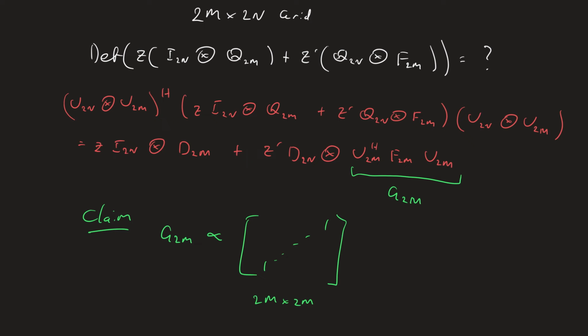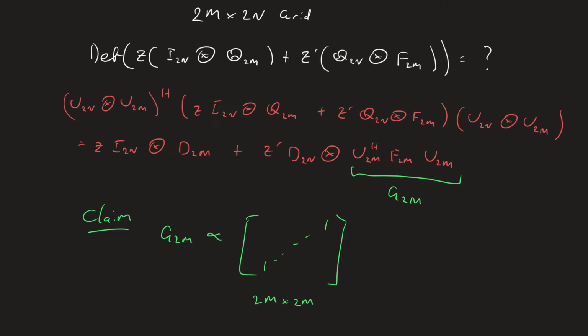We expand this termwise. The z here just comes out here, the z. This term, the corresponding one, will be U2n Hermitian transpose times the identity times U2n. Well, the identity doesn't change anything, so that's U Hermitian transpose times U. Because U is unitary, that's also the identity matrix.